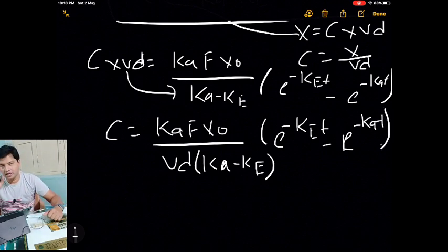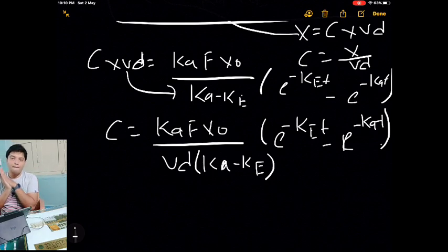We have two exponents here, one exponent for absorption, one exponent for elimination, because both absorption and elimination are following first order, hence we are getting two exponents. Remember, if your drug is following zero order, you will get only one exponential formula. If the drug is following zero order, you won't get an exponent there.